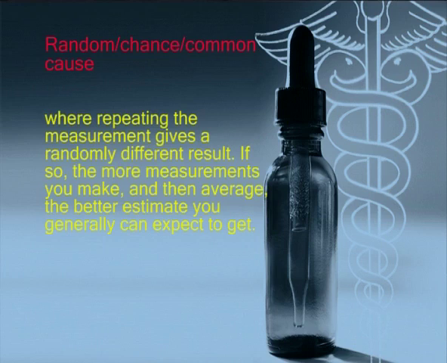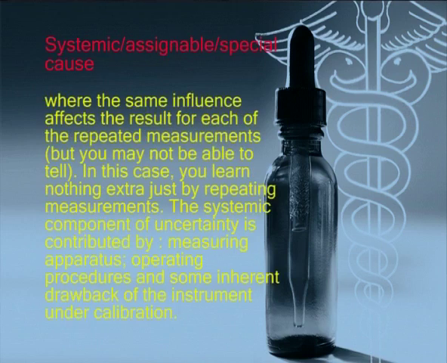If so, the more measurements you make and then average, the better estimate you generally can expect to get. The other is systemic, assignable, special cause, where the same influence affects the result for each of the repeated measurements, but you may not be able to tell. In this case, you learn nothing extra just by repeating measurements.